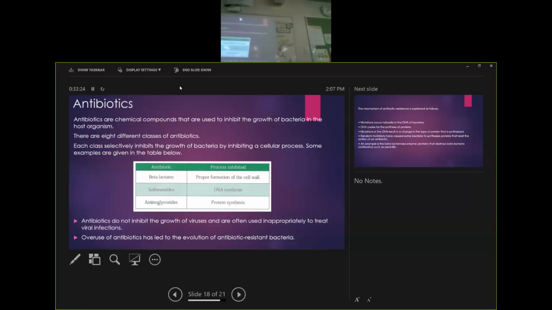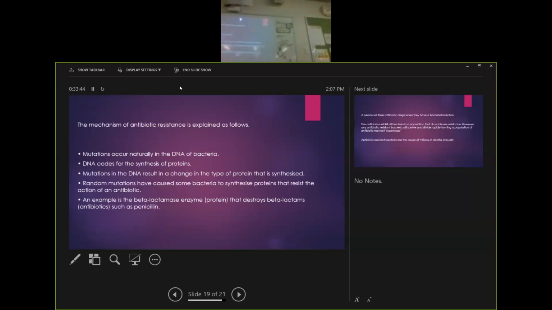Keeping in mind, antibiotics don't work against viruses, and that's why we need vaccines and antibiotics working in conjunction. A lot of times we tend to overuse antibiotics, and this can lead to antibiotic resistant bacteria, which is a pretty big issue at the moment.